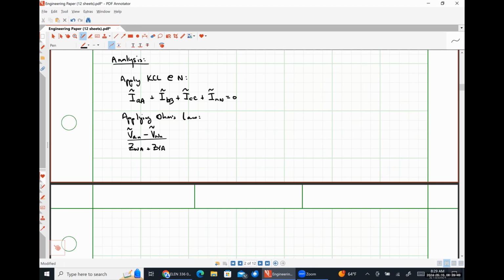And I would get a very similar relationship for my other two line currents. So that would be VBN minus VNN over ZWB plus ZYB, and VCN minus VNN over ZWC plus ZYC.